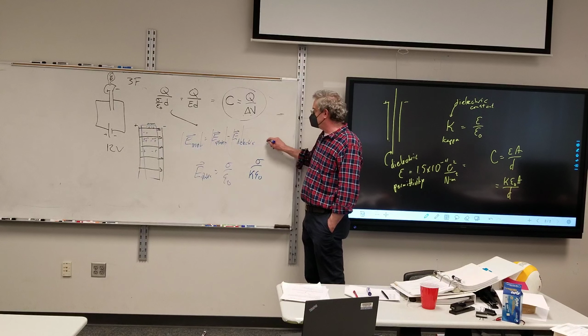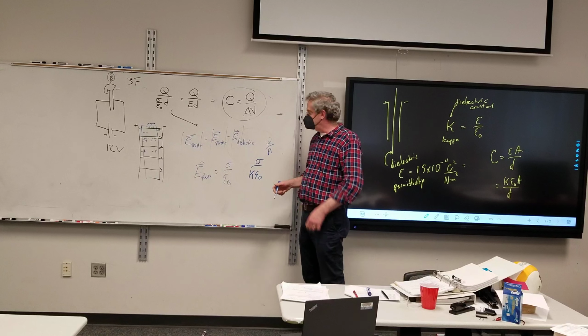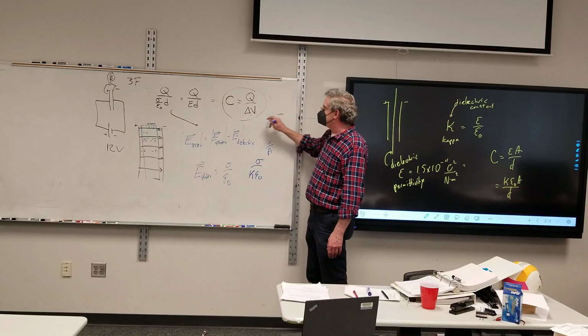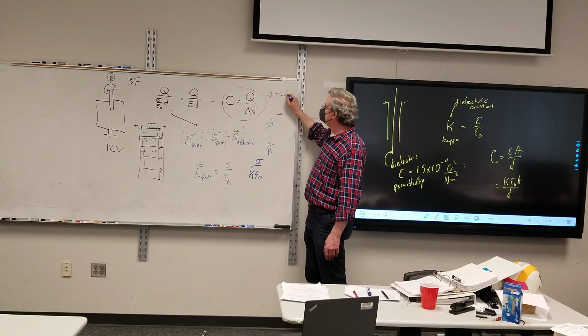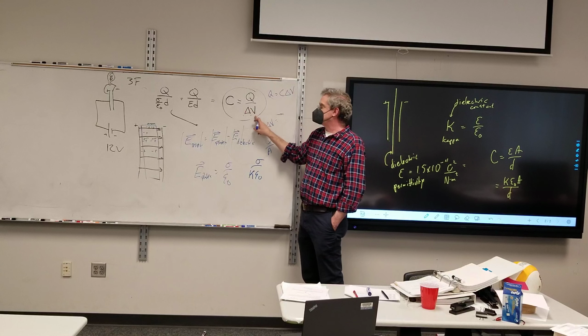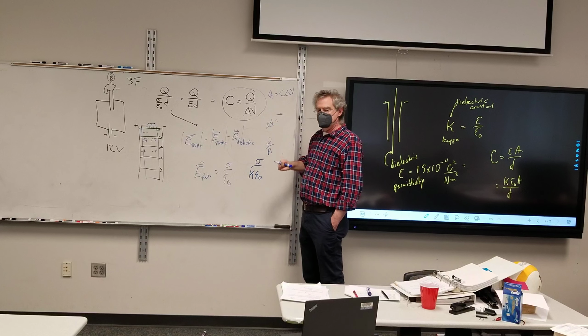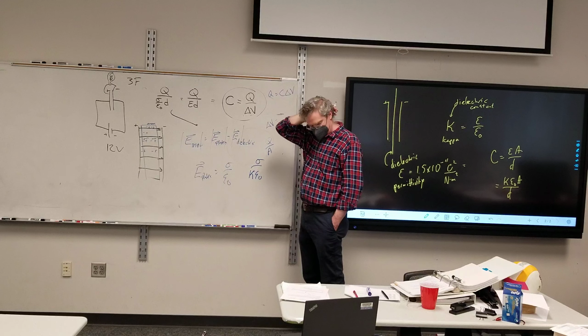Sigma is charge divided by area. Area you can measure. Charge, if I know the voltage and the capacitance, then charge is C delta V, the capacitance times the voltage. Does that address your question, or were you asking something else?